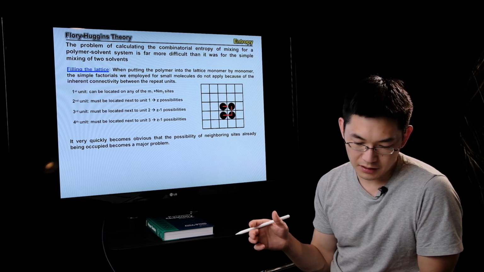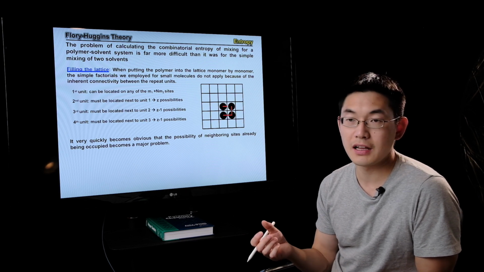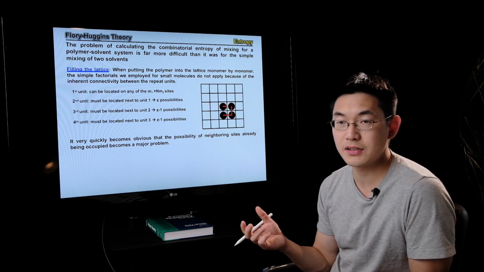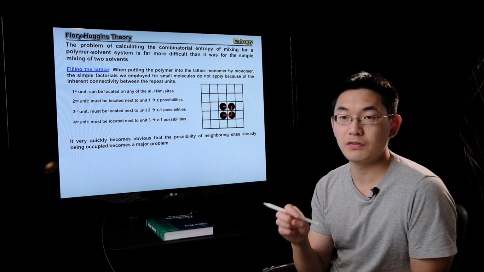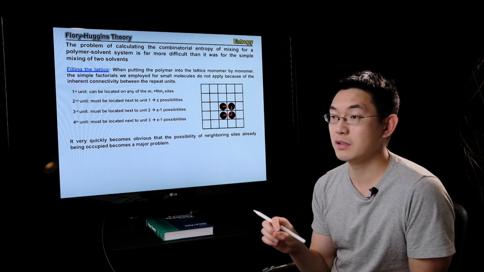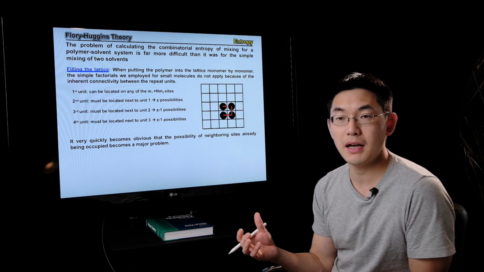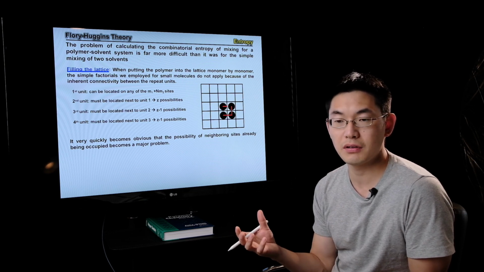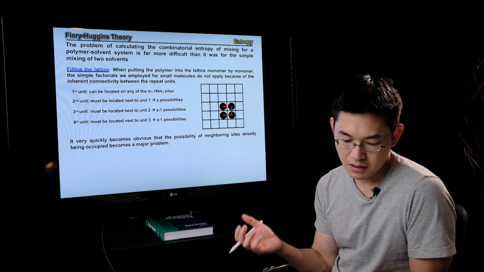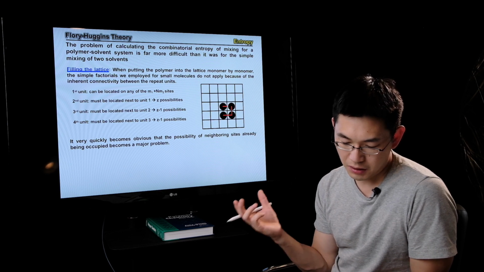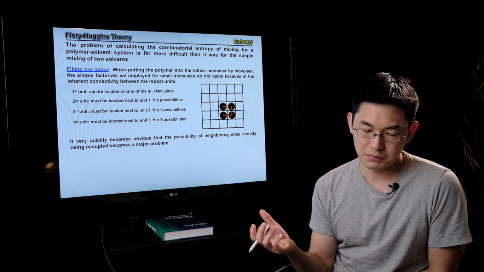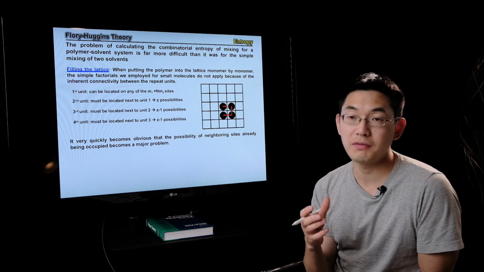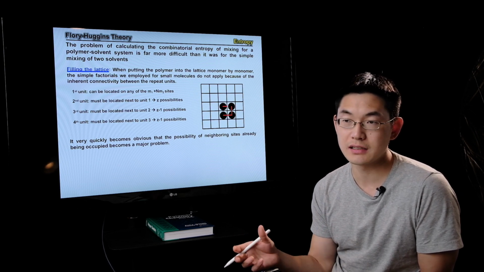In a simple case, we can think about the lattice, as in lattice theory, where we just fill the lattice with polymer chains. But for the solvent, because each dot is either black or white, it's independent, so you can put them wherever you like. There's no restriction. But the polymer is related to connectivity, so where you put it has to be related to where the previous polymer chain components are.